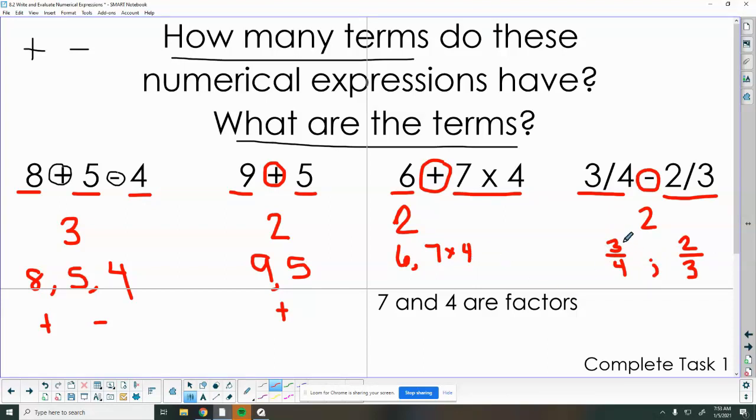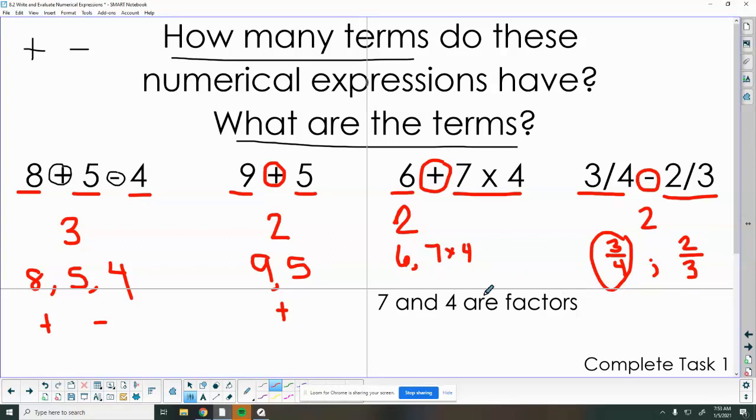Now, when I break each term up, this one is going to give me a quotient. So even though it's a fraction, yes, 3/4 is a fraction, 3 divided by 4 is 0.75. That's a quotient. So this is one term that is a quotient. And this is one term that is a quotient. So when I do 2 divided by 3 and get 0.666 forever, that is the answer to a division problem.